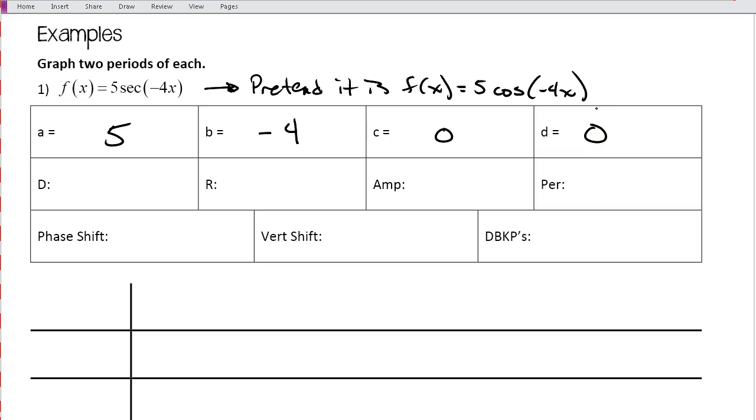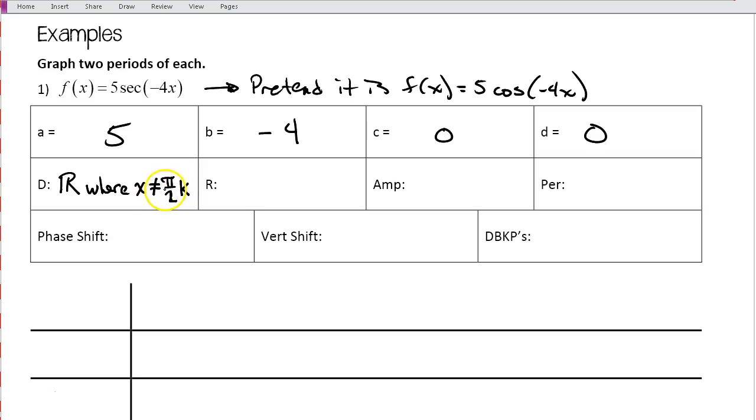The domain for this, we're not really going to worry about, but it's going to be all real numbers where x cannot equal, because we've got to get rid of those values where it's equal to 0, because when we do the reciprocal, it's going to be undefined, where x does not equal pi over 2 times, we'll just say k.